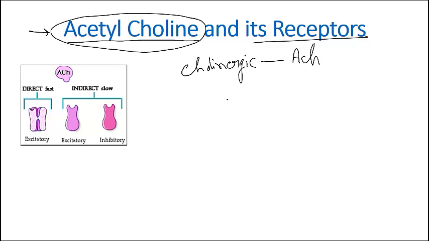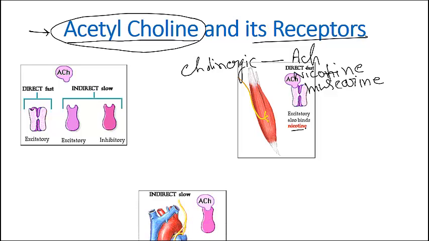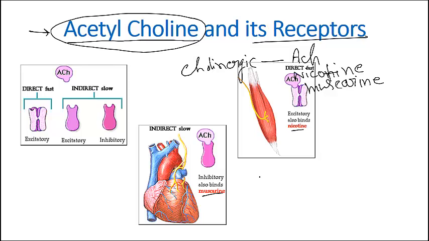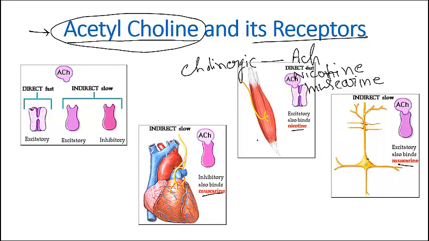On the other hand, one group also binds to the chemical nicotine, and another group can bind to the chemical muscarine. So these are the three types. This is where we see that the acetylcholine receptors bind with nicotine. This is where it binds with muscarine, and this one is also an example of a muscarinic receptor.